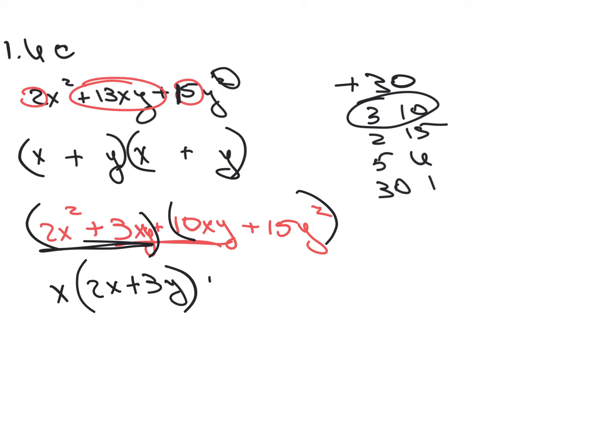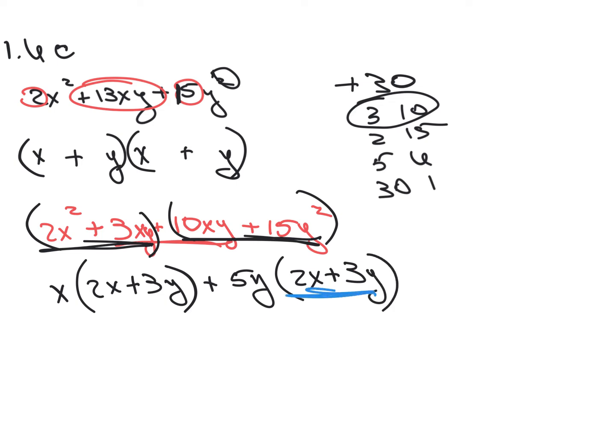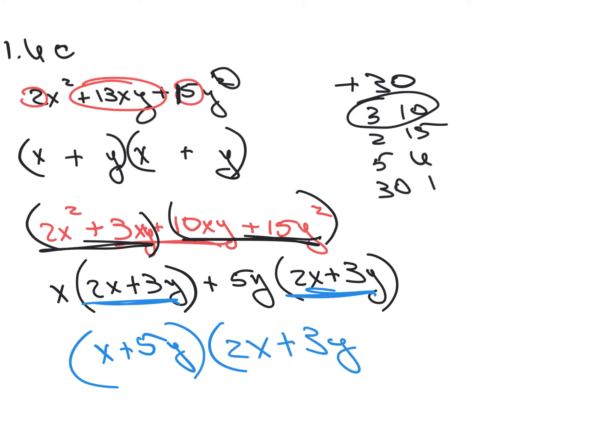And then over here, we can factor out a 5y, and we're left with 2x plus 3y. And notice, again, what is in the parentheses has to be the same in both of these sets here. So now all we do is put the x, what's outside the parentheses, together, and what's inside the parentheses together. And at that point, we're done.